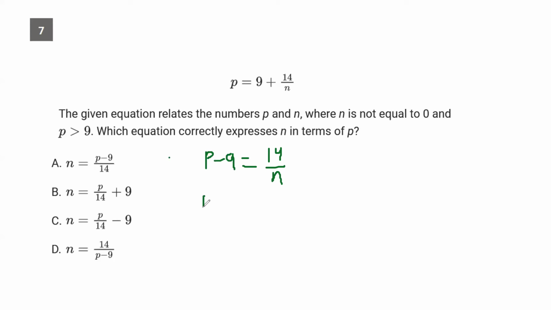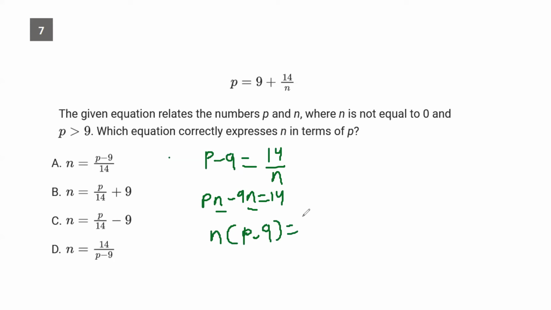So here's the tricky part, right? When we multiply, it gets distributed. So we get Pn minus 9n equals 14. And then you want to factor out the n because they both have it. So it becomes n parentheses p minus 9. Some of you might have not multiplied out like that and just found it like in this step, and that is totally fine and great.